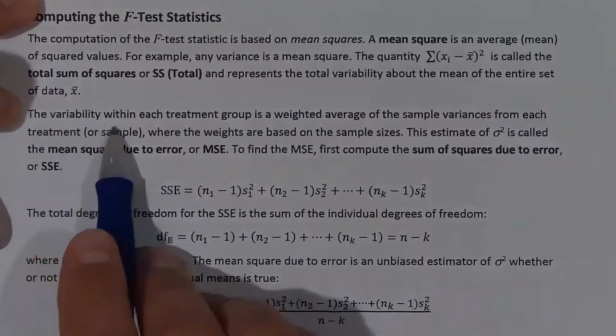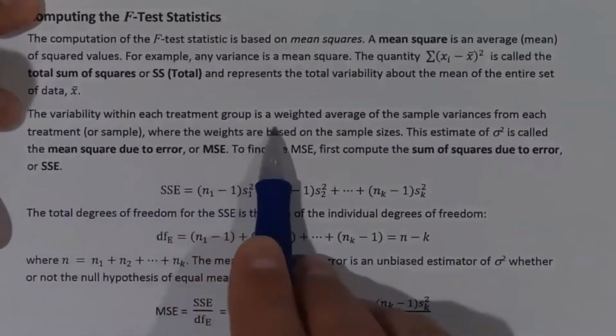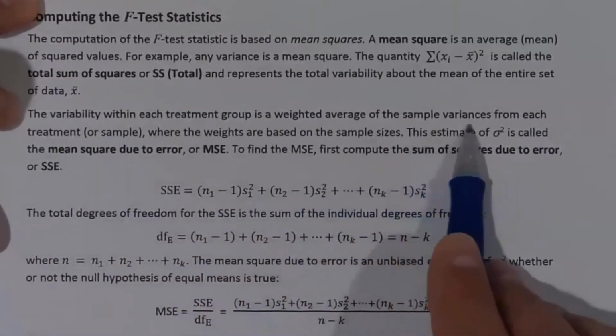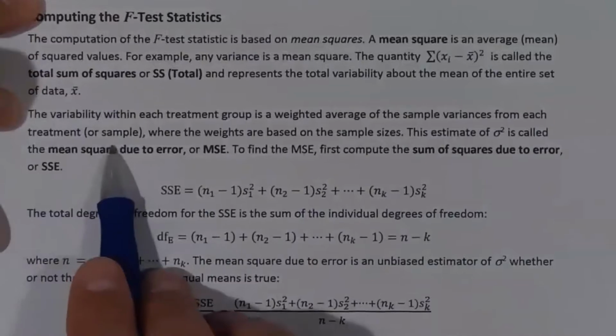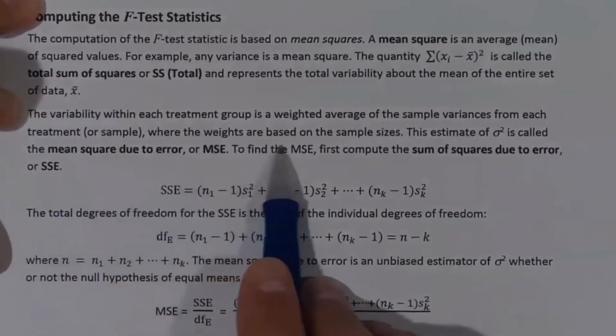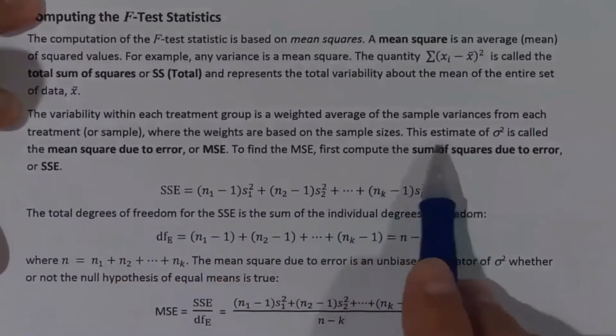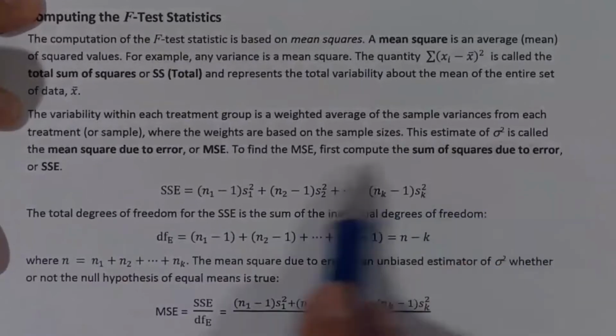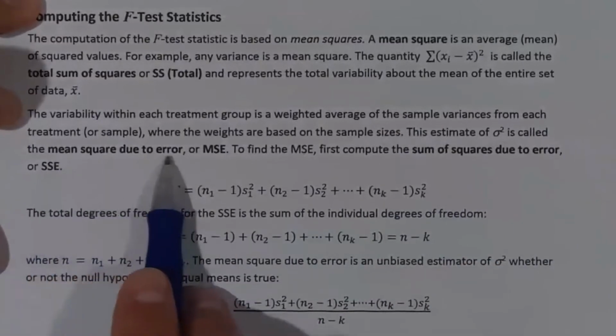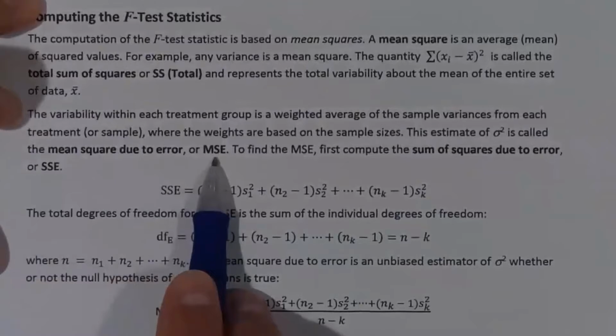The variability within each treatment group is a weighted average of the sample variances from each treatment or sample, where the weights are based on the sample sizes. This estimate of sigma squared is called the mean square due to error, or the MSE.